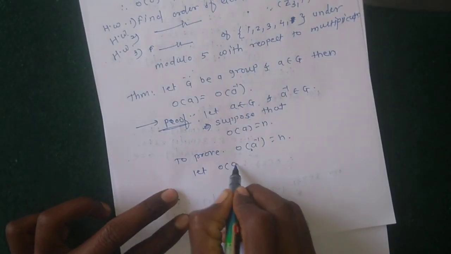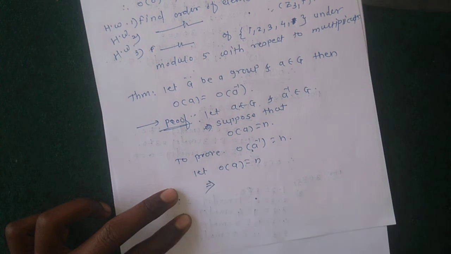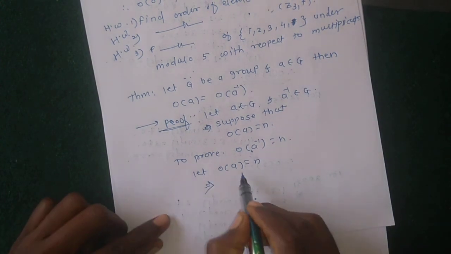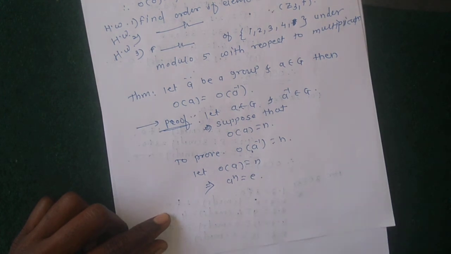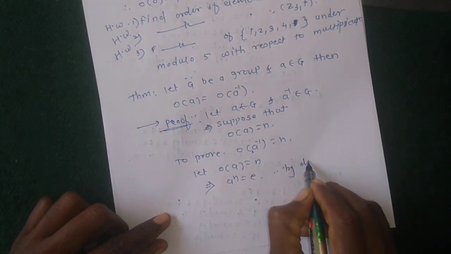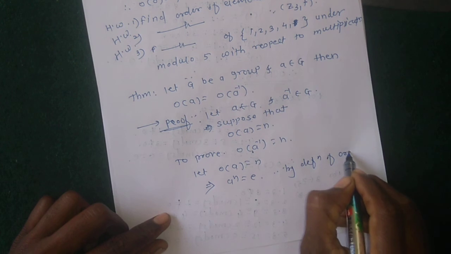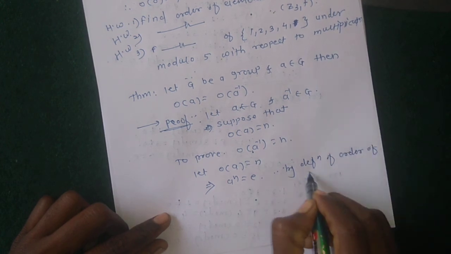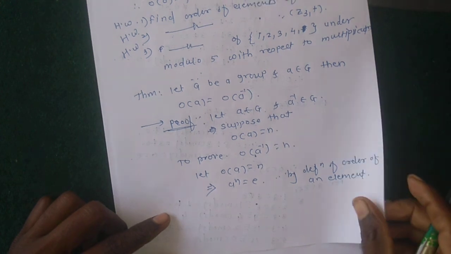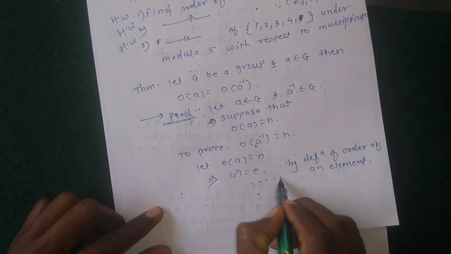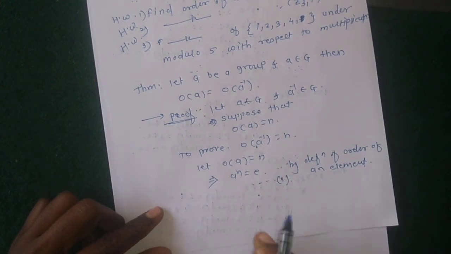Let the order of A equal n, which implies that A raised to n equals identity, by the definition of the order of an element. Okay, we say that is equation number 1.